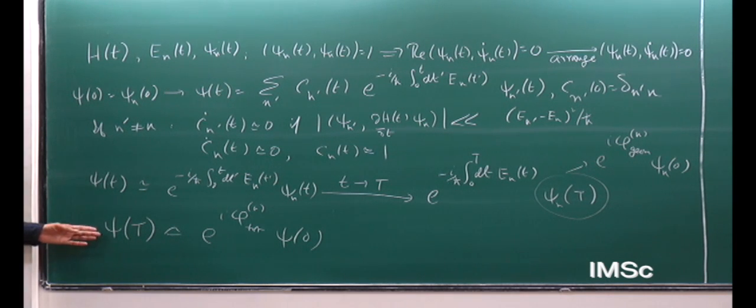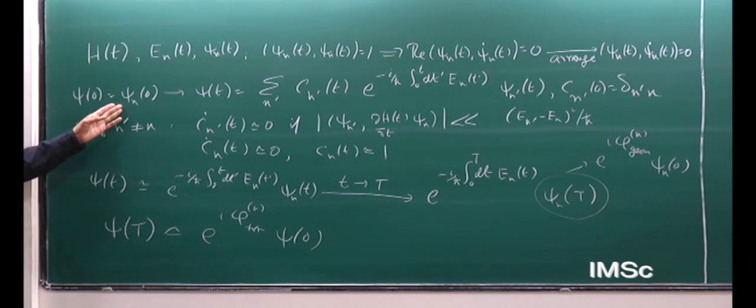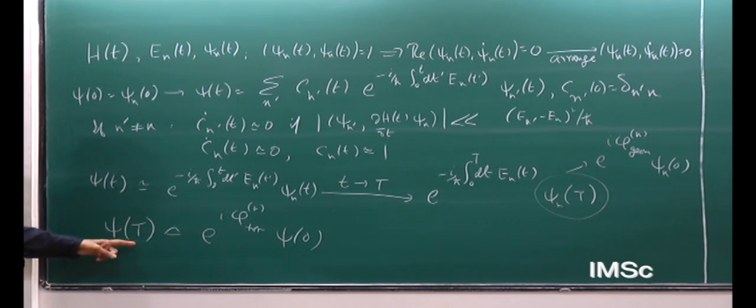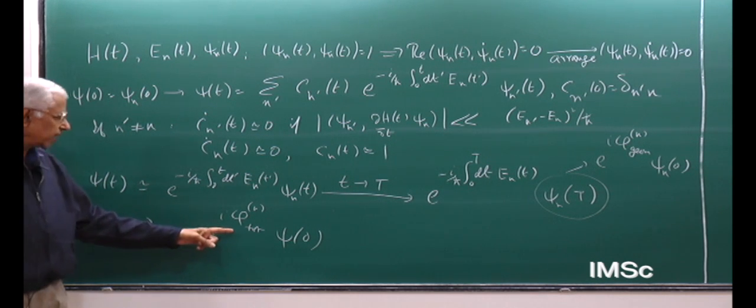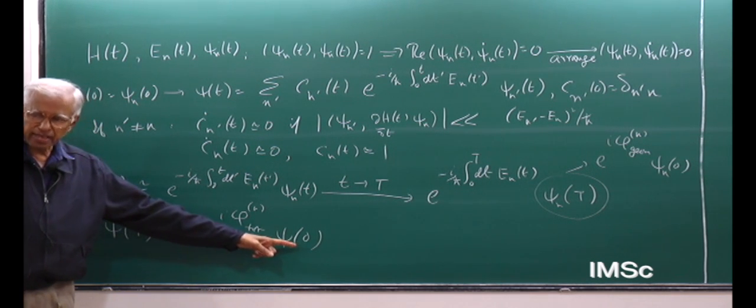So the solutions to the Schrodinger equation given by the adiabatic theorem do have the cyclic property in this sense, that each one of the solutions for each initially chosen n, index n, at time capital T will become a phase factor times what it was at time 0.